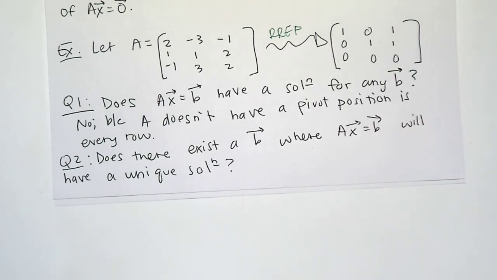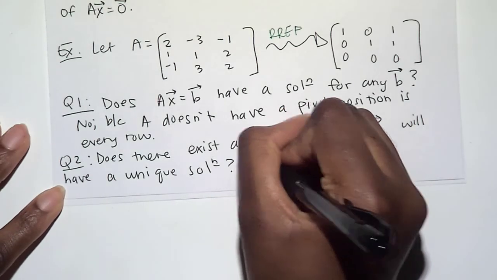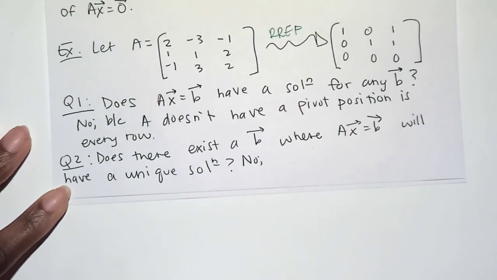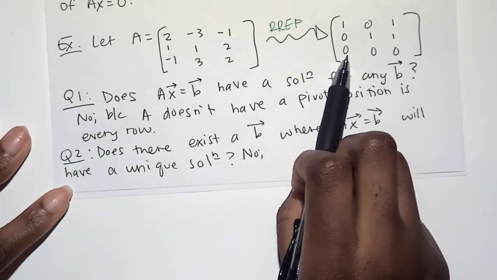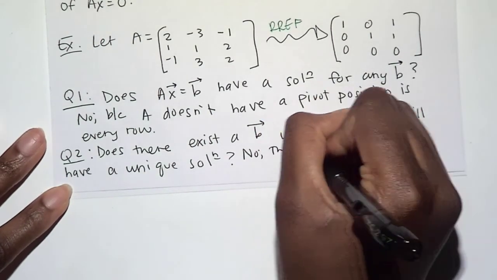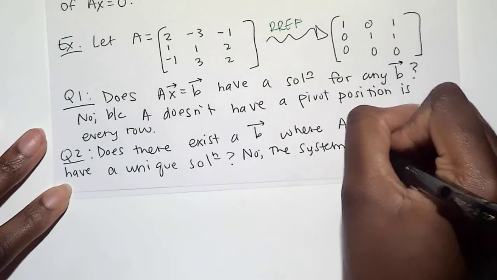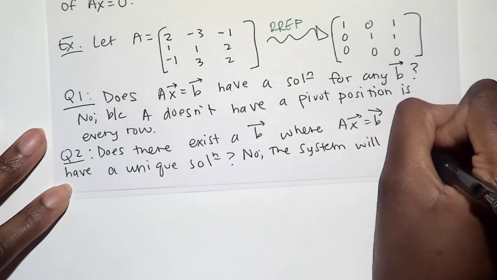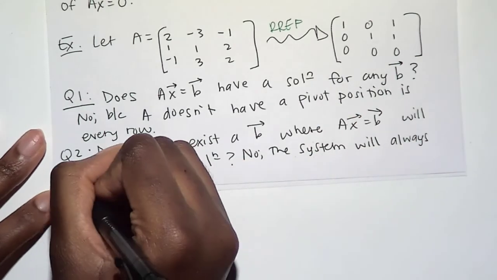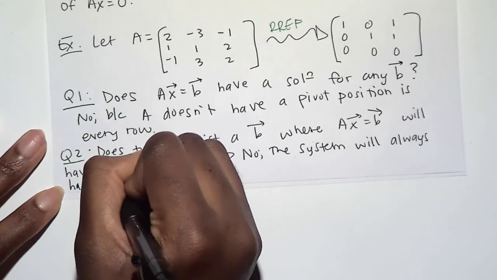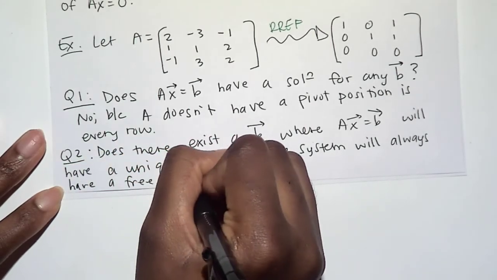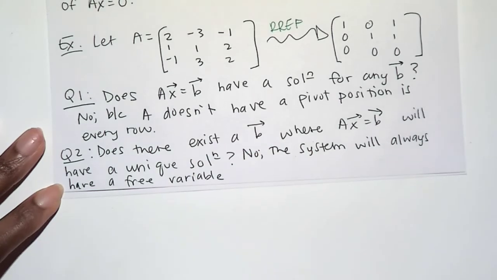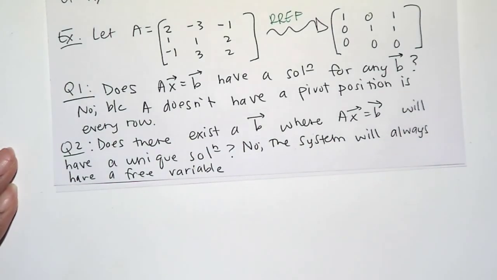So that means we're going to have infinitely many solutions. So the answer to this question is no. The system will always have a free variable because of these zeros. And that means we're either going to have infinitely many solutions or we're going to have no solution, right?